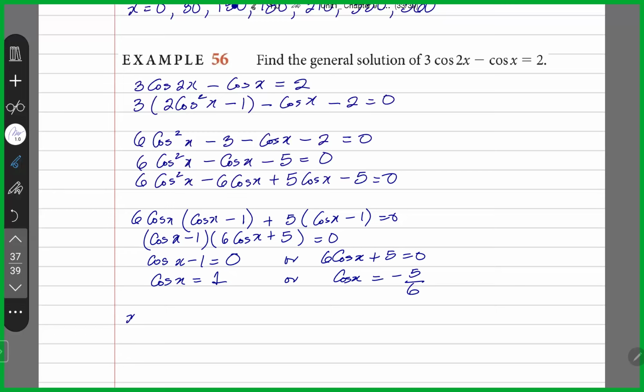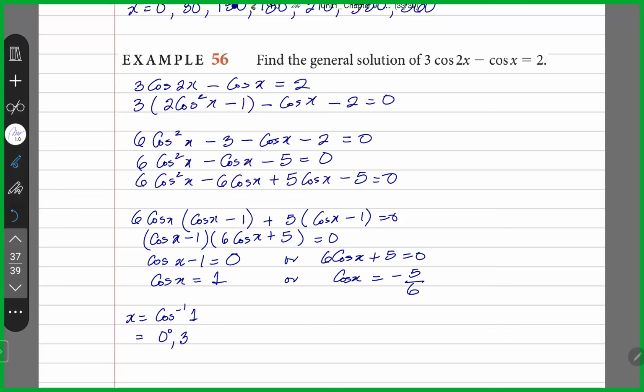So x is going to be equal to cos inverse 1. So x is equal to, I think, 0 degrees and 360 degrees. Ooh, it's the general solution they want.